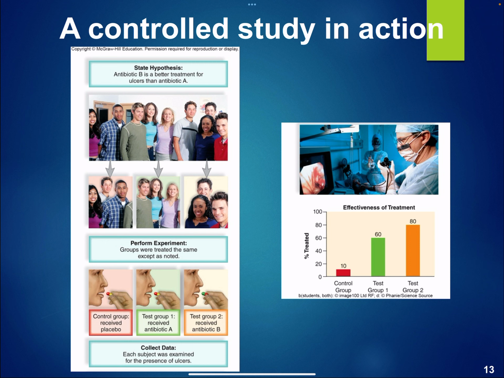In the first group, we're going to give that group a placebo, so a chemical that technically is not going to do anything to the stomach ulcer. Test group 1 is going to have antibiotic A. Test group 2 is going to take antibiotic B. Then we are going to follow these patients over time, and then we are going to gather data.